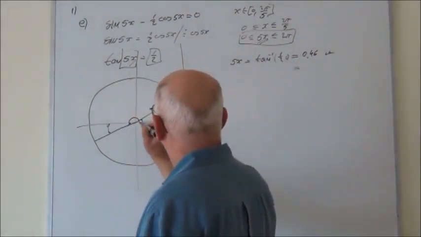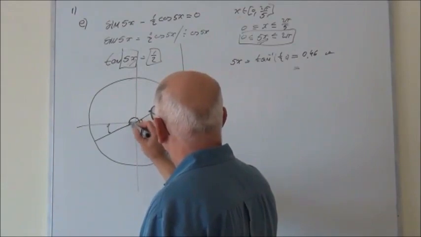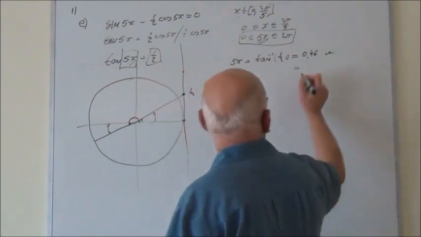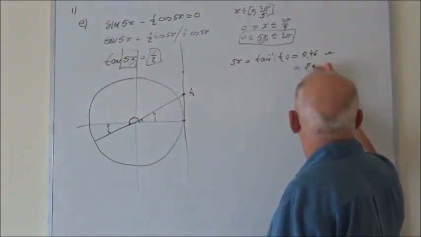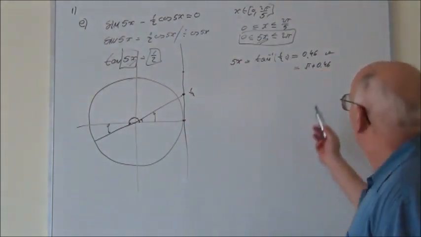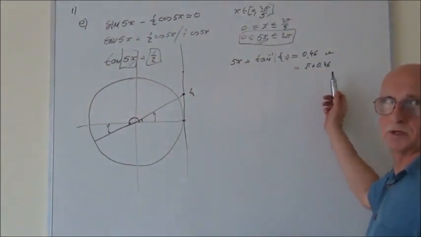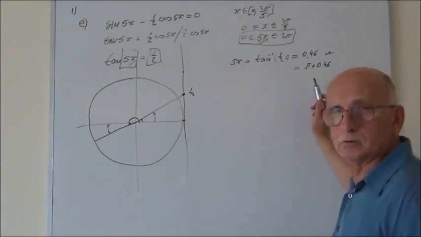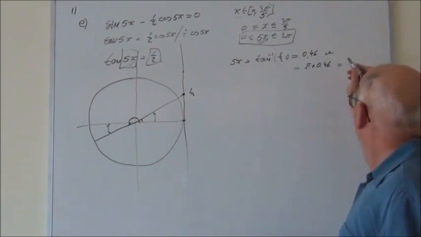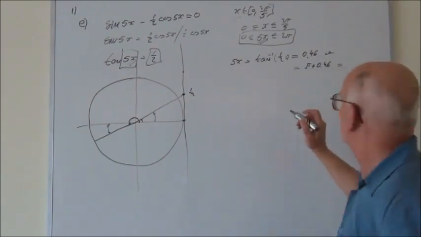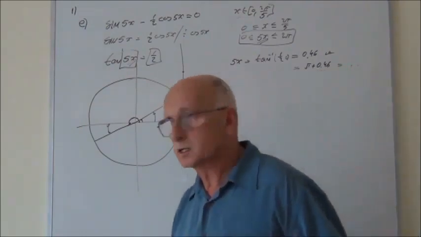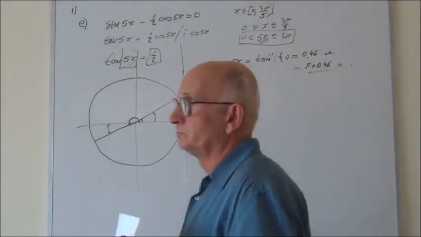And from this point up to there is just pi, plus this angle, so the next solution will be pi plus 0.46. I am not writing all those decimal numbers, but if you are on a test or exam, then definitely you have to calculate 3.14 plus 0.46 on the calculator, and whatever you get should be your answer. Don't leave it just like this.